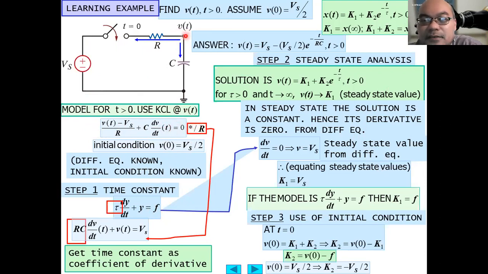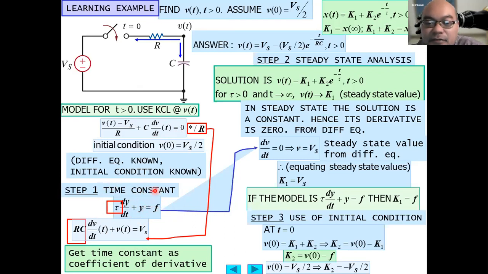You have to rewrite this so that it represents the general form of the differential equation.